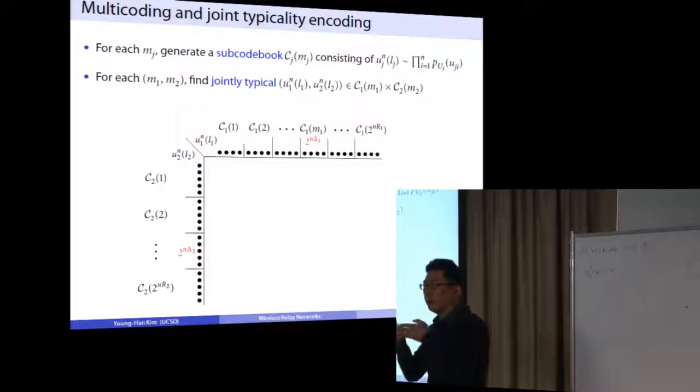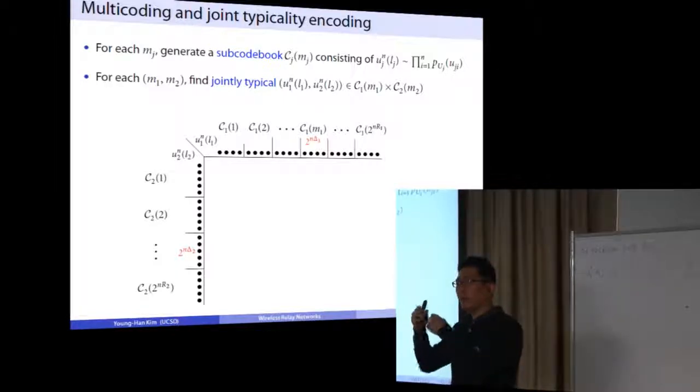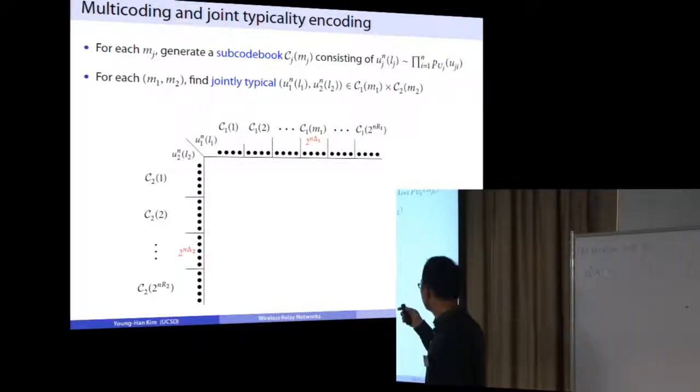Unlike most communication problems, in which we assign a single code word to a single message, here we attach multiple code words to a single message. Let's see how it's done.